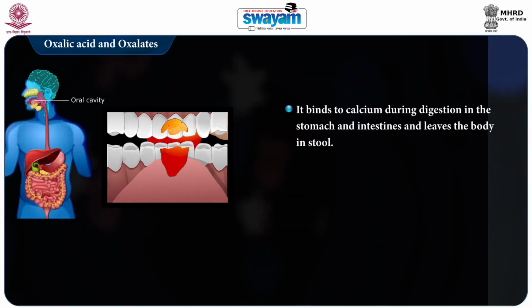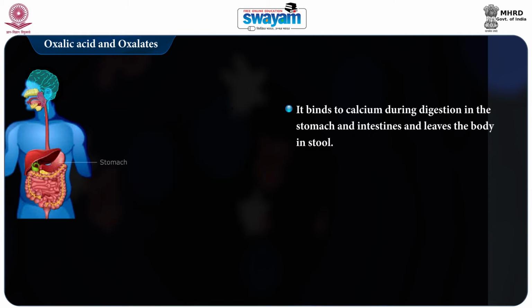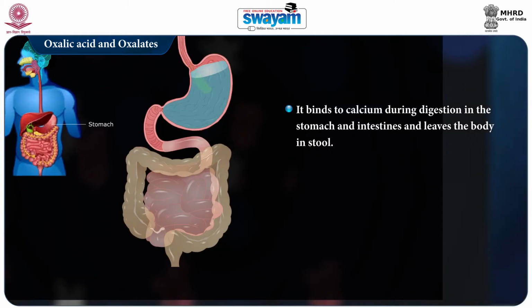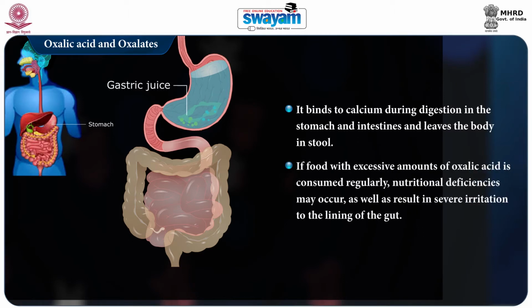It binds to calcium during the process of digestion in the stomach and intestine and leaves the body in the stool. If food with an excessive amount of oxalic acid is consumed regularly, nutritional deficiencies may occur as well as result in severe irritation to the lining of the gut.